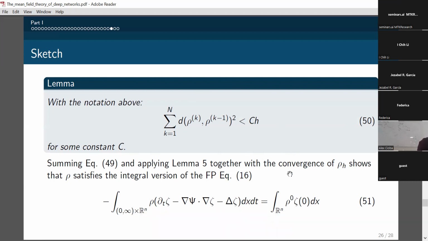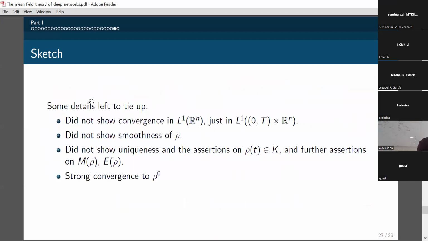So, okay, this is skipping a bunch of elements of the proof, which doesn't really show convergence in L1 of R to the n for every t. It shows this slightly weaker statement, but you can, again, with fairly standard PDE arguments, pass from 0 to t to just small t. And it doesn't show smoothness of the solutions.